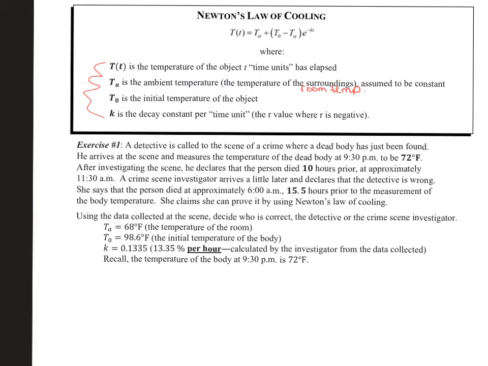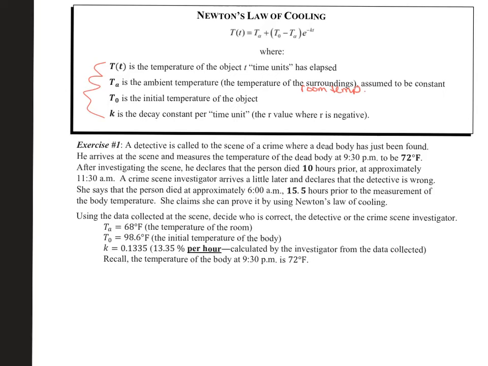Exercise 1. A detective is called to the scene of a crime where a dead body has just been found. He arrives at the scene and measures the temperature of the dead body at 9:30 p.m. to be 72 degrees Fahrenheit. After investigating the scene, he declares that the person died 10 hours prior at approximately 11:30 a.m. A crime scene investigator arrives a little later and declares that the detective is wrong.